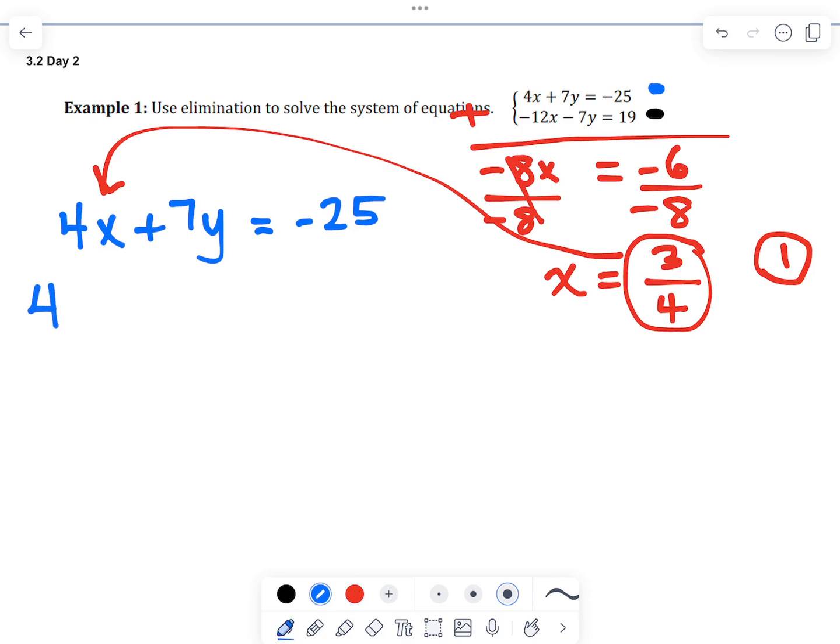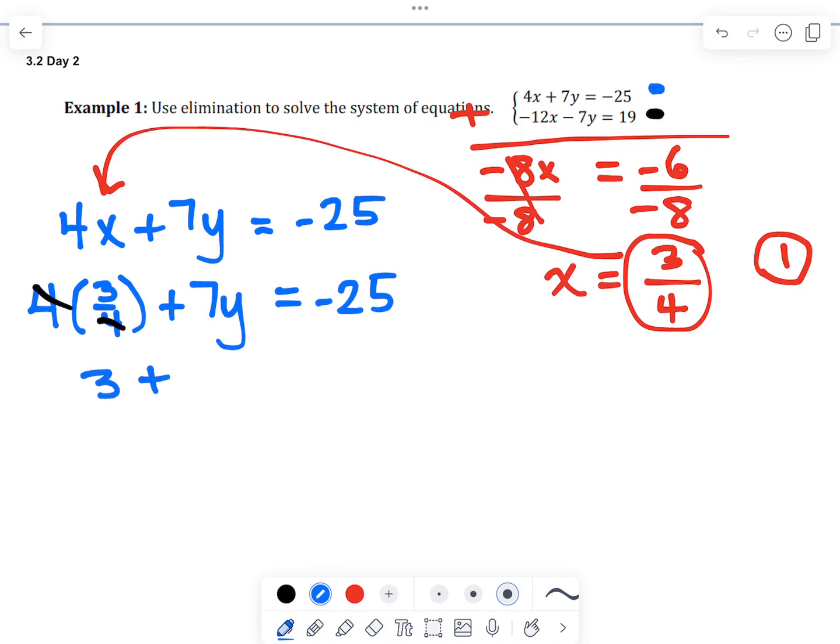So 4, replace the x with 3/4. Now the 4's cancel to 1. So 3 plus 7y equals negative 25. We subtract 3 from both sides.